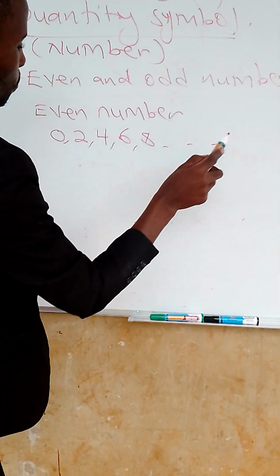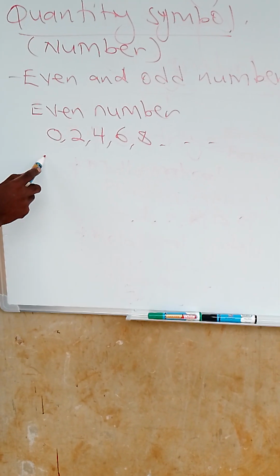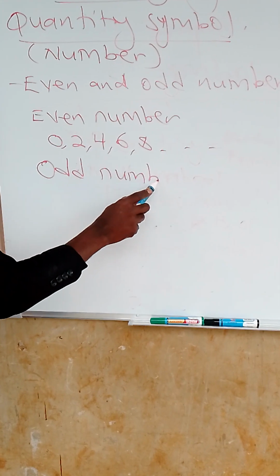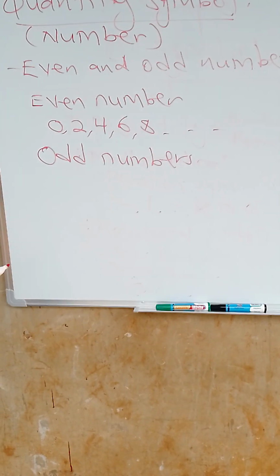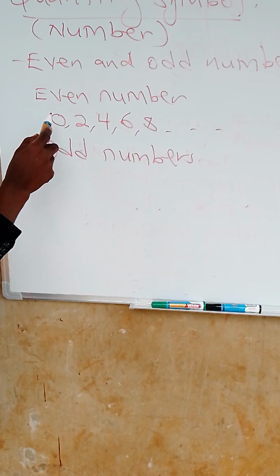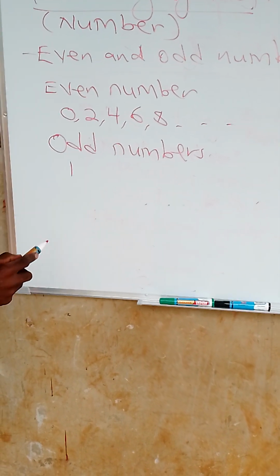So we have odd numbers. Amongst odd numbers, the first odd number is 1. We all know.